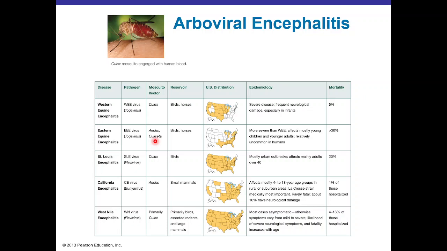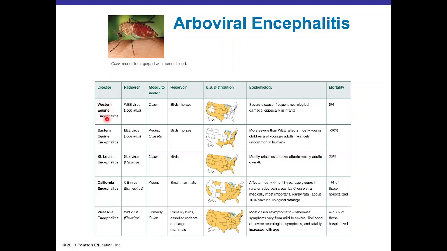So depending on the area of the United States that it is affecting, you can call it Western equine, because you have not only the transmission through these arthropods, but also a reservoir, which is an animal or a host that can keep the virus. In this case, for Western equine encephalitis, we have birds and horses. Equine is because the majority of the reservoir will be horses.